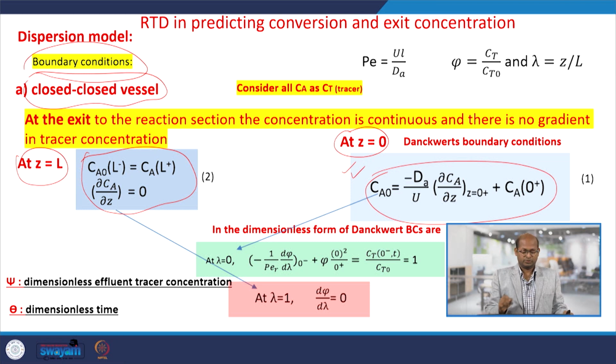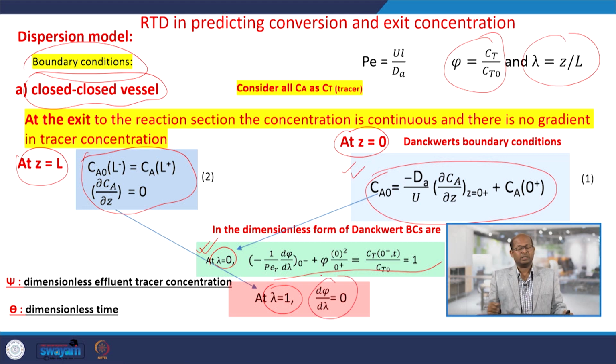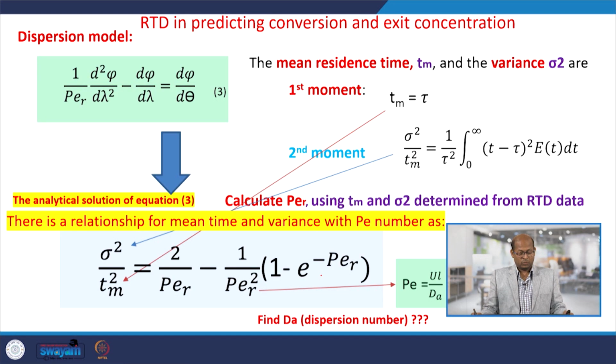Once we converted them into dimensionless form, at lambda equals 0, the dimensionless length, and dimensionless concentration psi equals Ct by C naught, this is the boundary condition, and at lambda equals 1 the boundary condition is this.